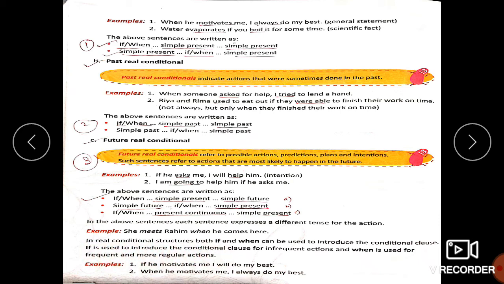So real conditionals may begin with if or with when also. We begin real conditionals with if when we talk about actions happening not very frequently, but when we talk about frequent actions or regular actions, we begin with when.